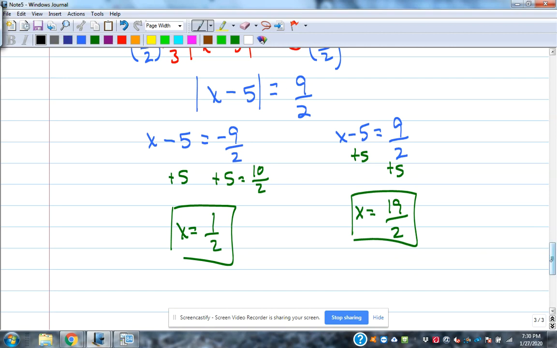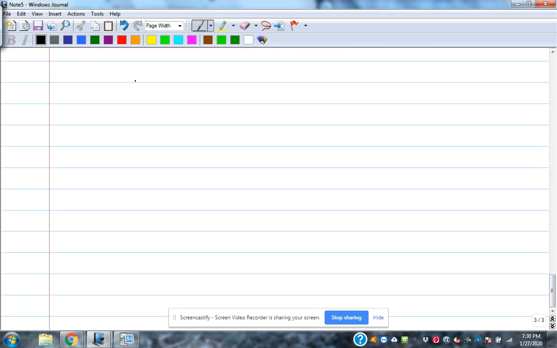All right. Absolute value of x plus 17 plus 5 is equal to 2. Our first step.